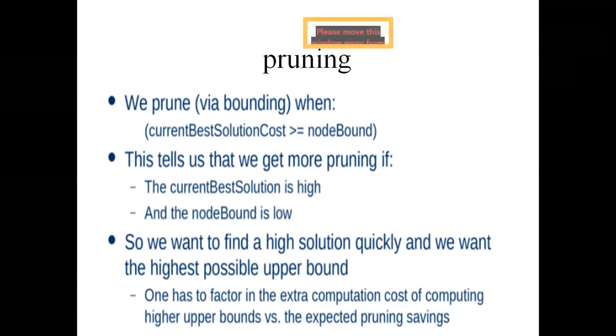This tells us that we get more pruning, more cutting, if the current best solution is higher than the bounding value and the node bound is low. So we want to find a high solution quickly and we want the highest possible upper bound.